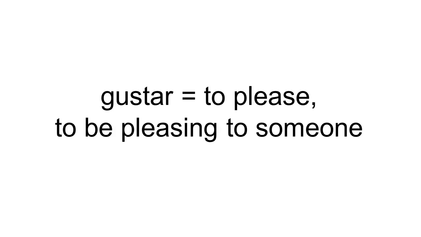So for example, if I wanted to say "I like ice cream," in Spanish I would literally say "ice cream is pleasing to me." And in addition to that, I would have a different word order in Spanish. I would literally say "to me is pleasing ice cream." The thing that we like is actually the subject of the sentence and it's at the end.